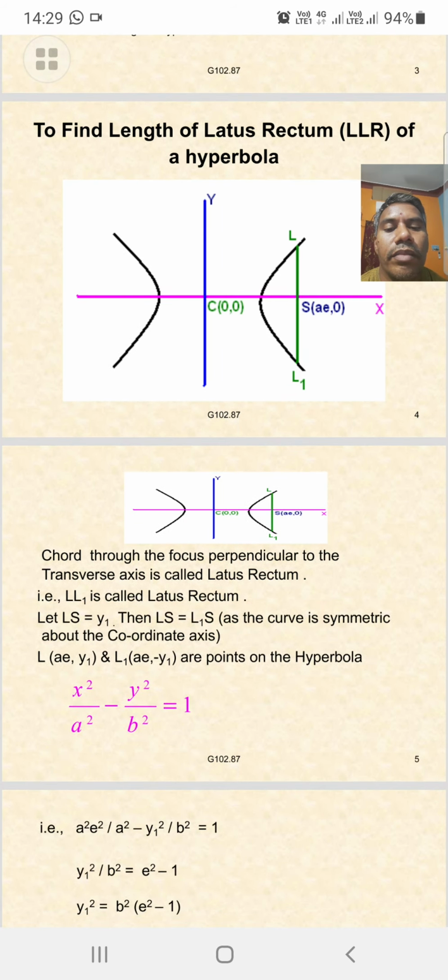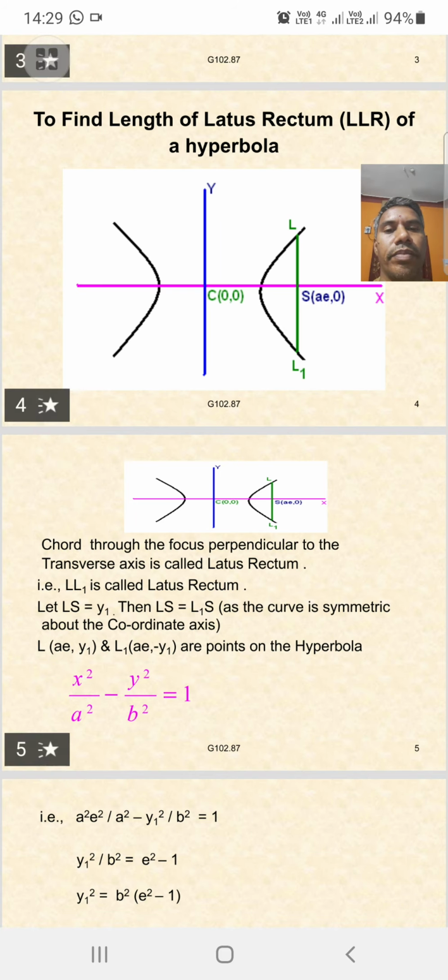And here we discussed the third and fourth forms of the hyperbola. The first two forms we already know: the center is 0, 0 and the axes are the coordinate axes. Now we learned the third and fourth forms, which are similar to the first and second.